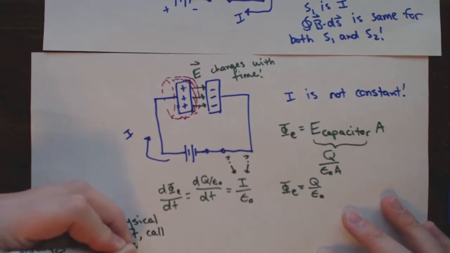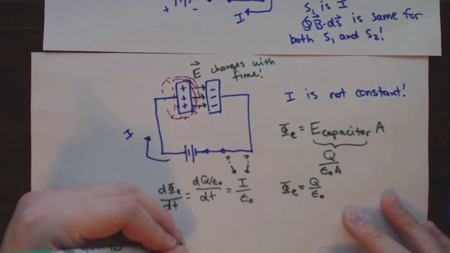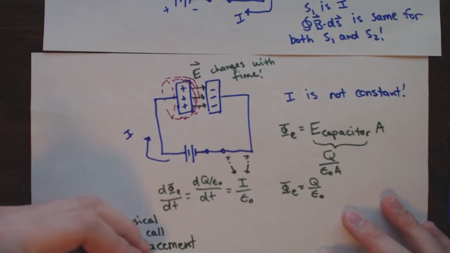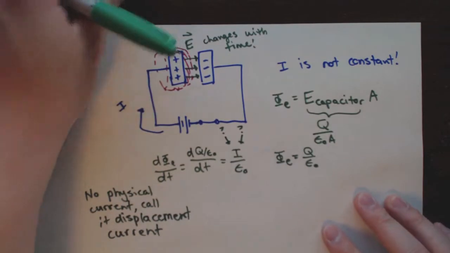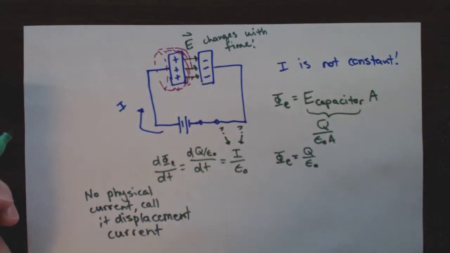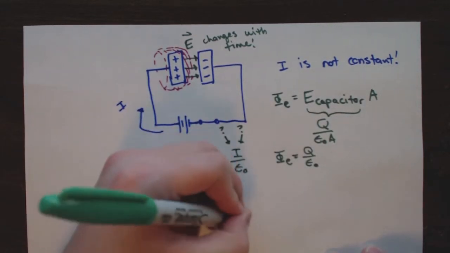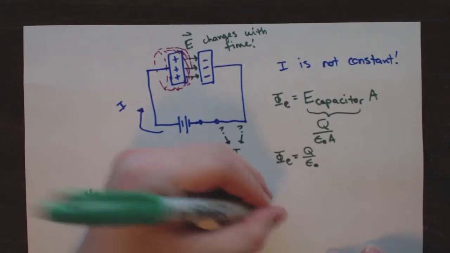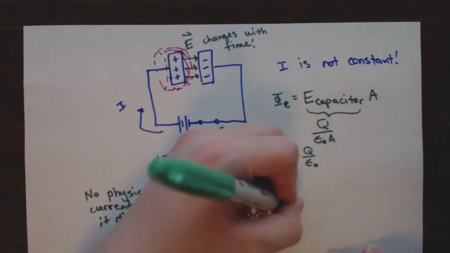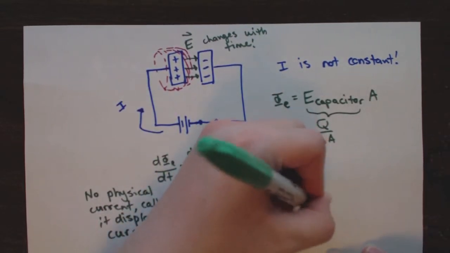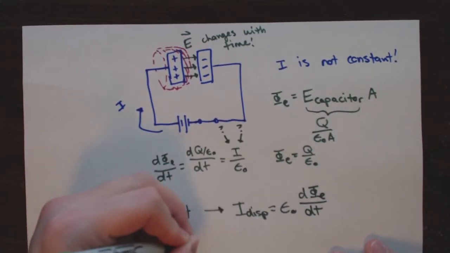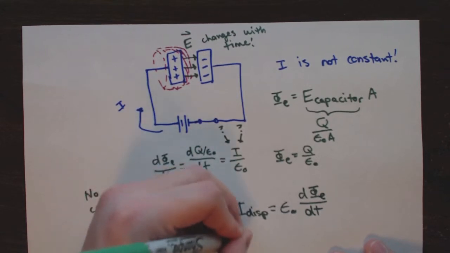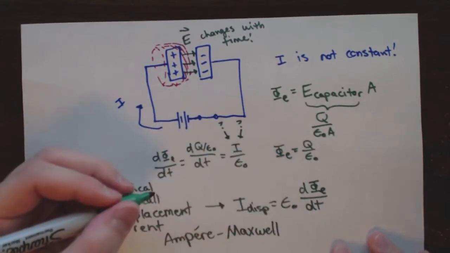It's biggest in the beginning, and it starts to die off, like an RC circuit that's charging up. There's no physical current going through that surface, no physical current going between the positive plate of the capacitor and the negative plate. But if you look at the equation, your rate of change of electric flux seems to be equal to some current, and so we'll call that a displacement current.